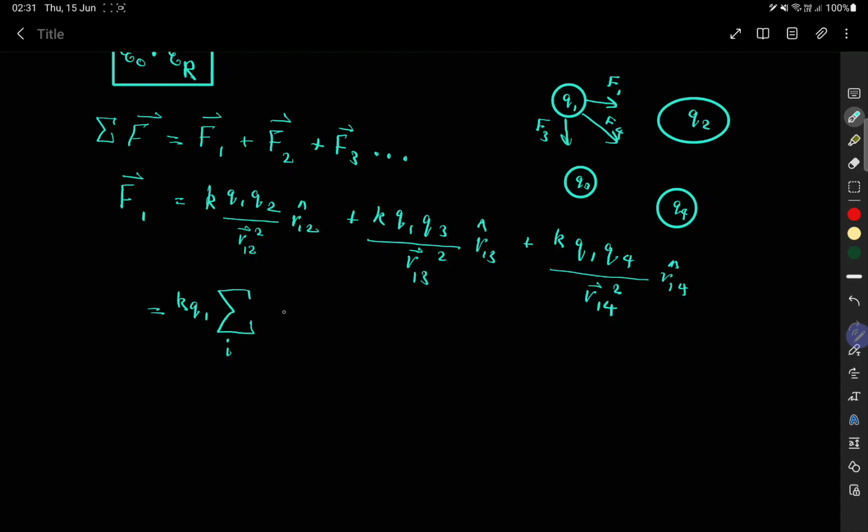Summation over i of Qi over R1i whole squared, the vector. So that would mean taking the vector's magnitude, basically, or dotting the vector with itself.